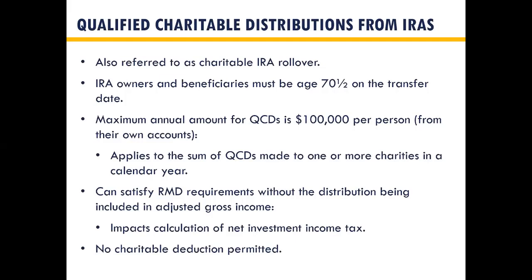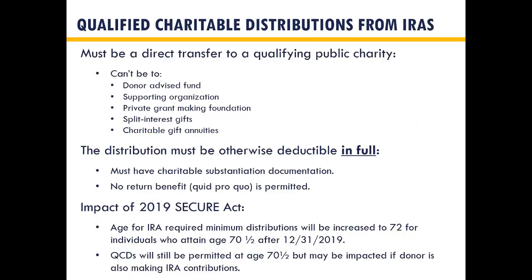So if a donor could keep their adjusted gross income down by using a qualified charitable distribution, there are even some benefits outside of tax that would be of interest to a potential donor. Some more of the provisions for the QCDs.